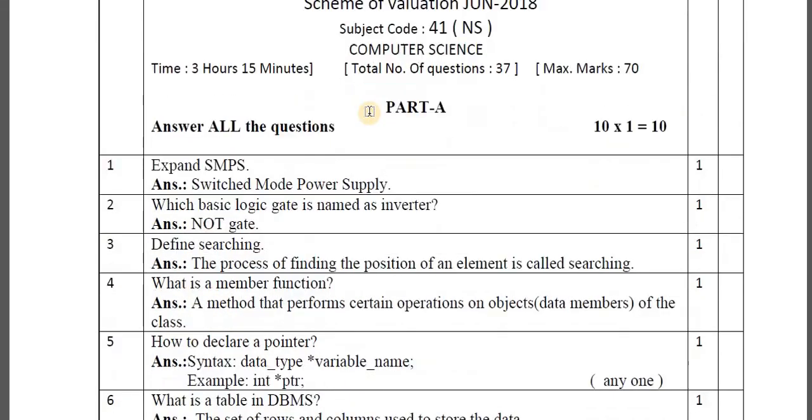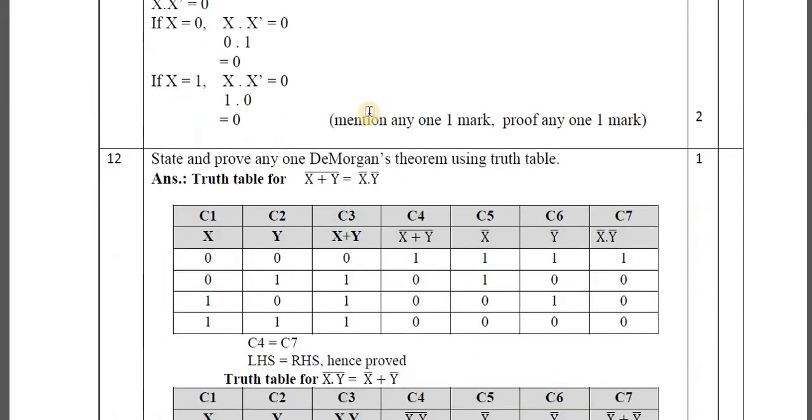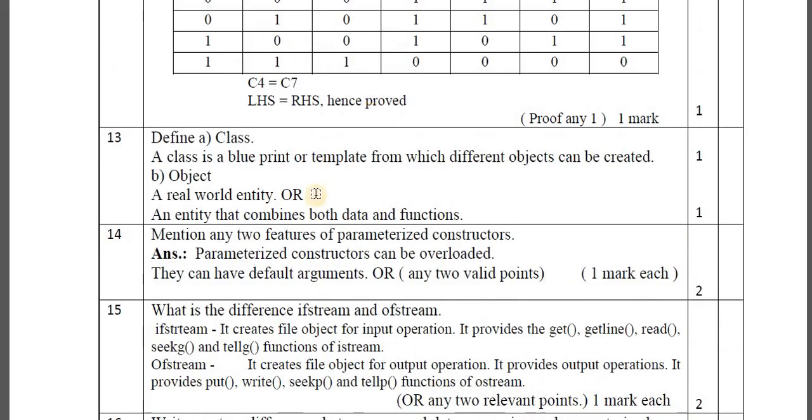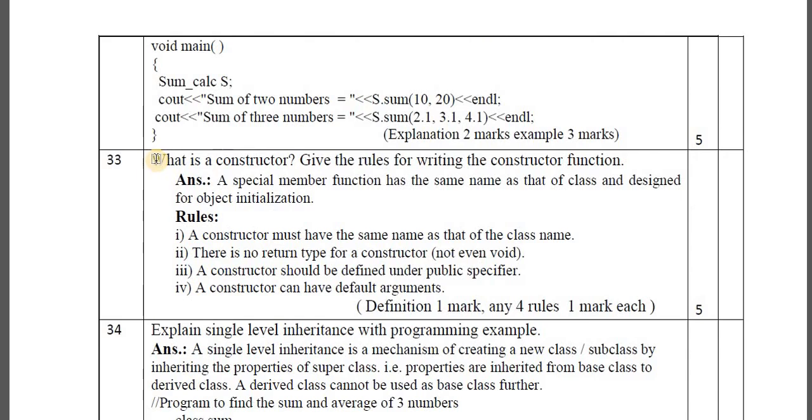Okay, next, this is the June 2018 question paper. Here the 2 marks question is: mention any 2 features of parameterized constructor. Parameterized constructors can be overloaded, they can have default arguments, and they are used to initialize the values of data members. There are many features. This is very easy and it will repeat many times.